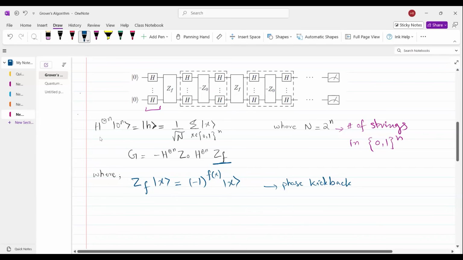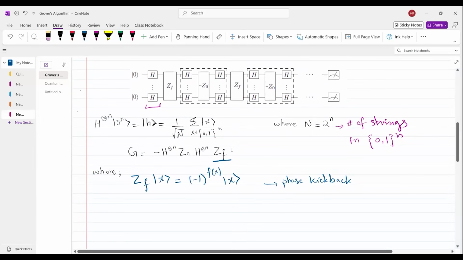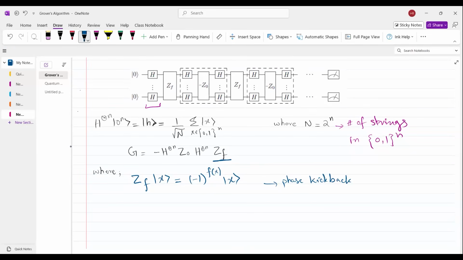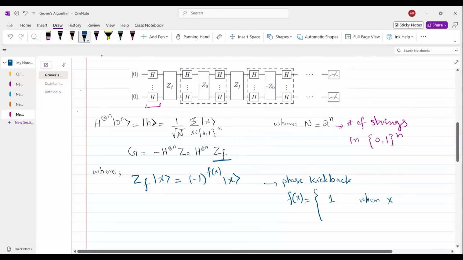The idea behind this operator Z of F is that f of x is equal to 1 when x is marked, and f of x is equal to 0 when x is unmarked.